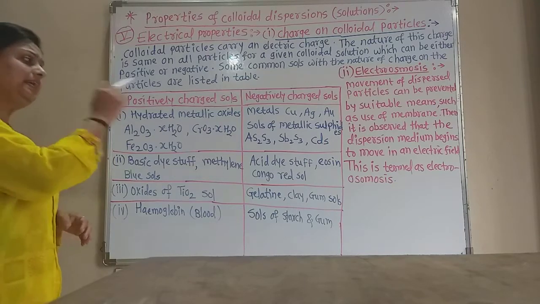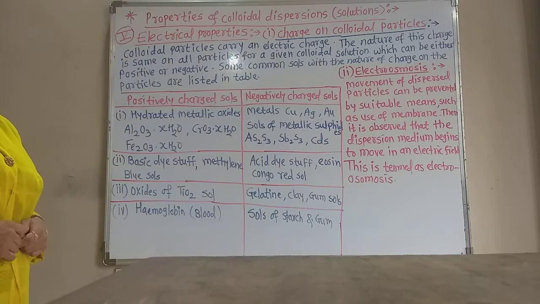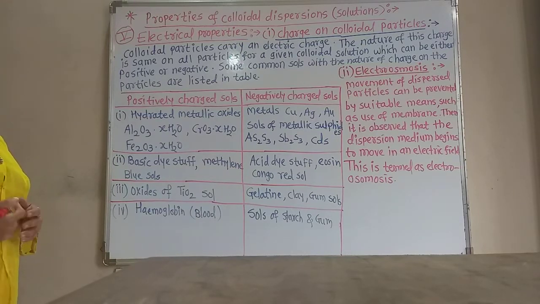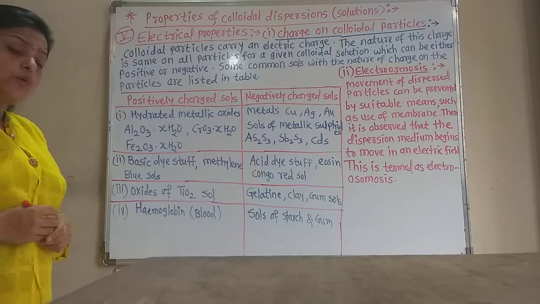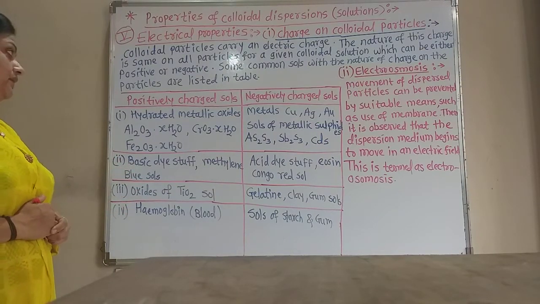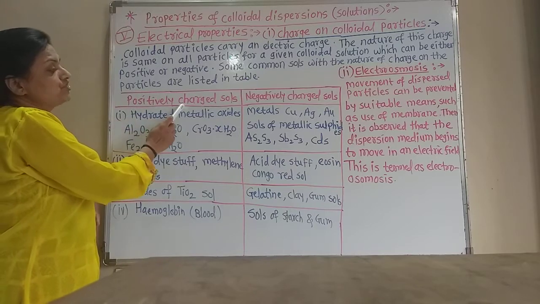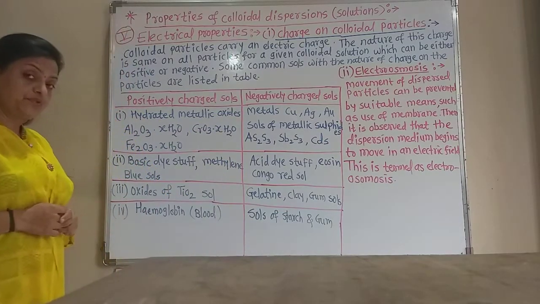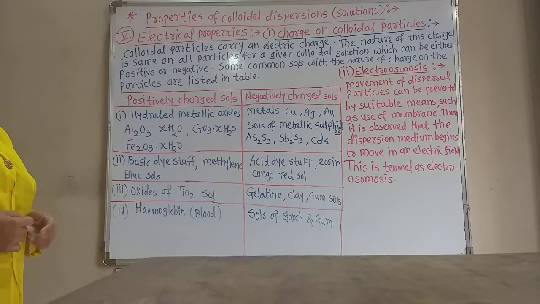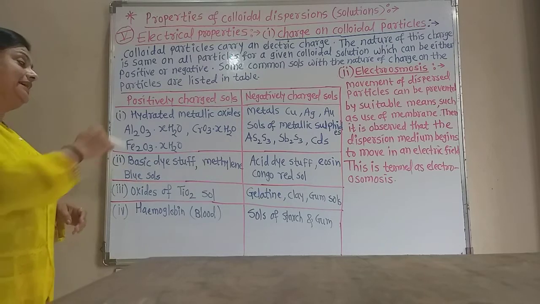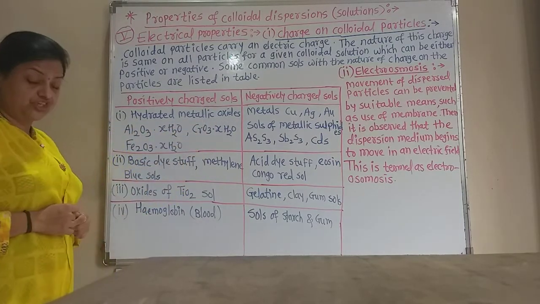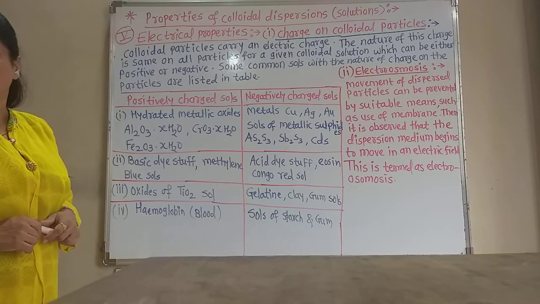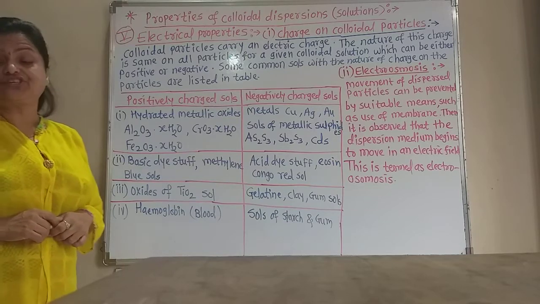Now here is a table of some colloidal dispersions which have positive or negative charge. Some common salts with the nature of charge are listed in this table. See here, the positively charged ones are here and the negatively charged ones are here. Now the metal salts are also of positive or negative type. Generally the hydrated metallic oxides carry a positive charge on their dispersed phase particles.